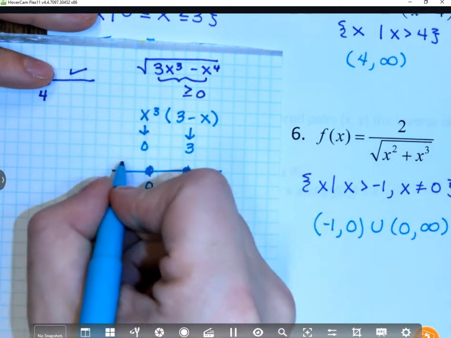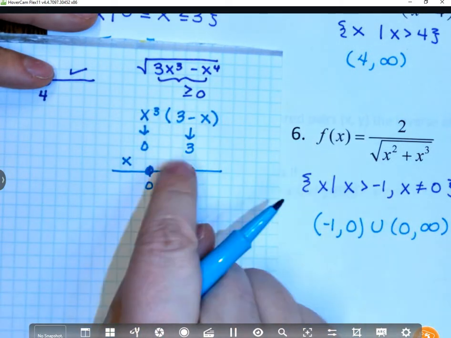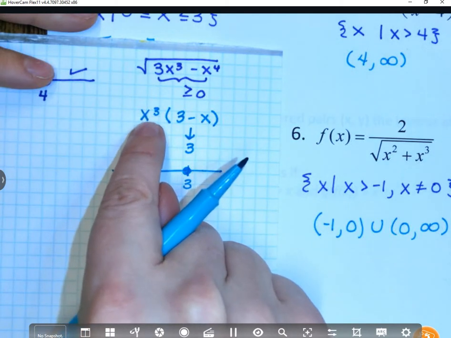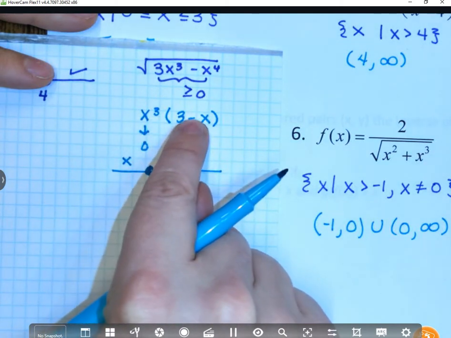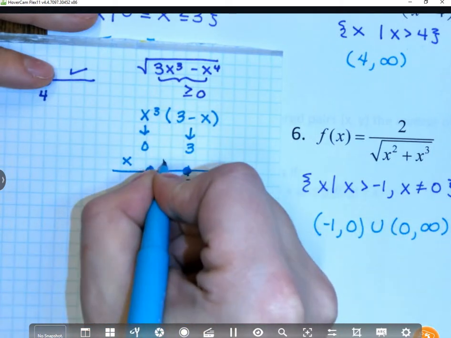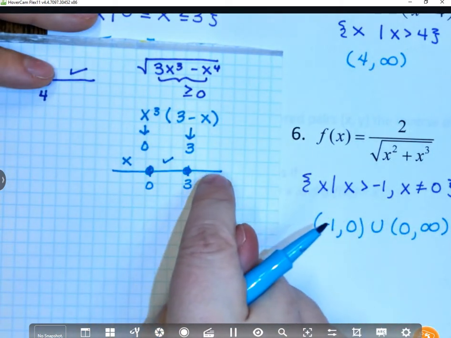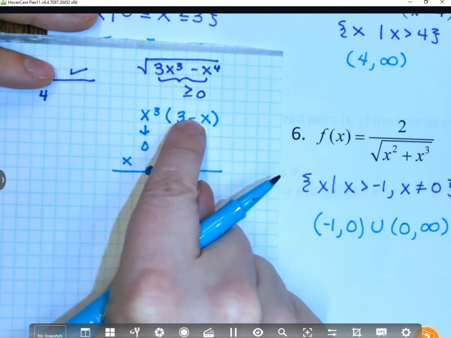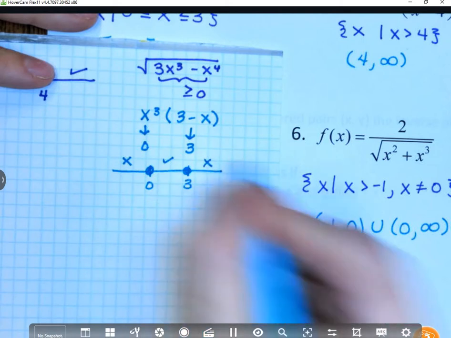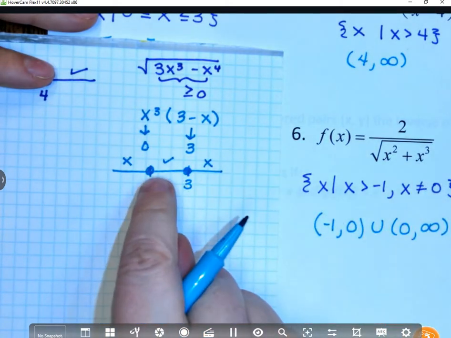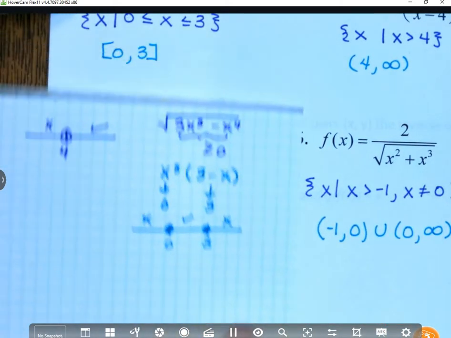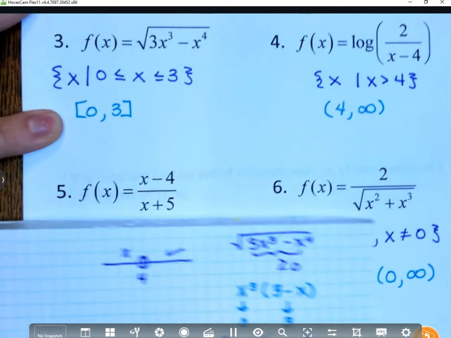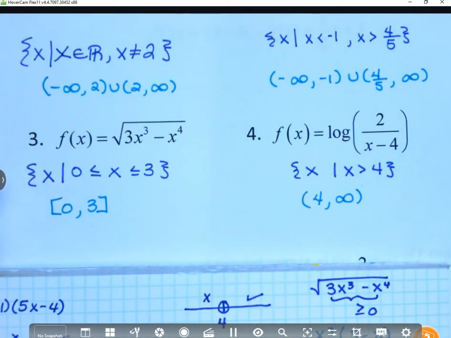Negative times a positive, nope, that doesn't work. If I plug in a positive 1, that would be 1, that would be 2. Positive, positive. That works. If I try 4, that would be positive, that would be negative. So that doesn't work. So my answer is only between those two pieces. Okay, and if you're using interval notation, please make sure you use brackets on those rather than parentheses.